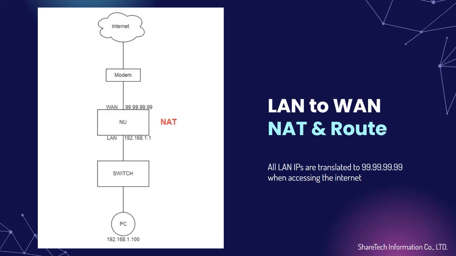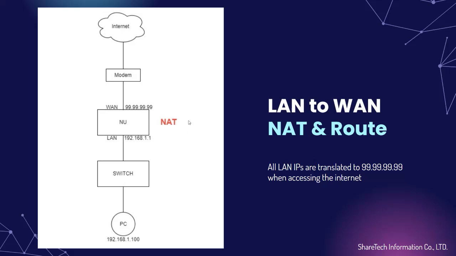The first is the basic and common architecture, LAN to WAN. This is the application method of NAT. We can see that the computer IP is this. When it accesses the internet, it will pass through the NU before going out to the internet.